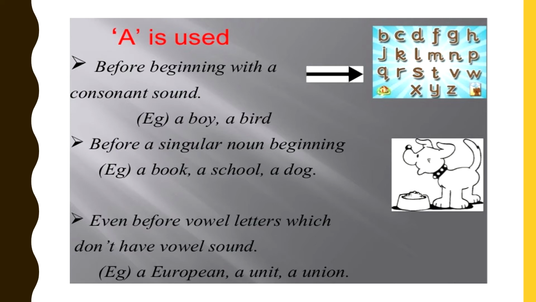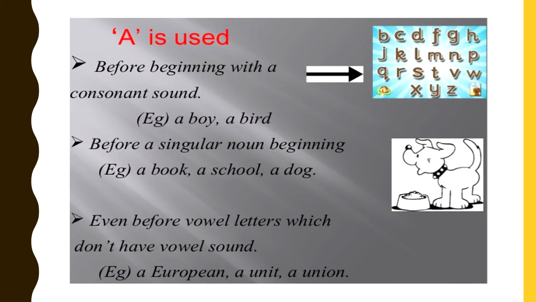If you see the spelling of this word, it starts with the letter E. Now you would say that E is a vowel, so why are we using a? Yes, that is where you have to see the difference. We do not have to focus on the letter. We have to focus on the sound of the word.